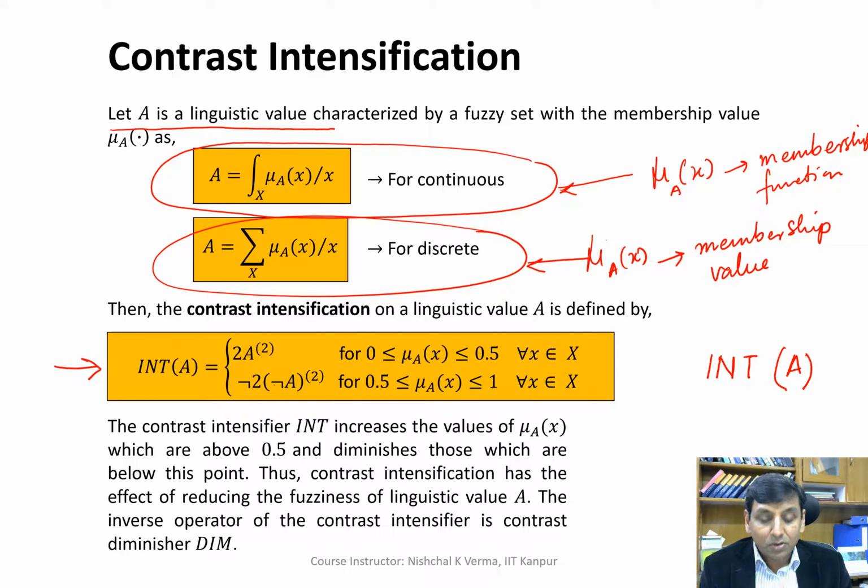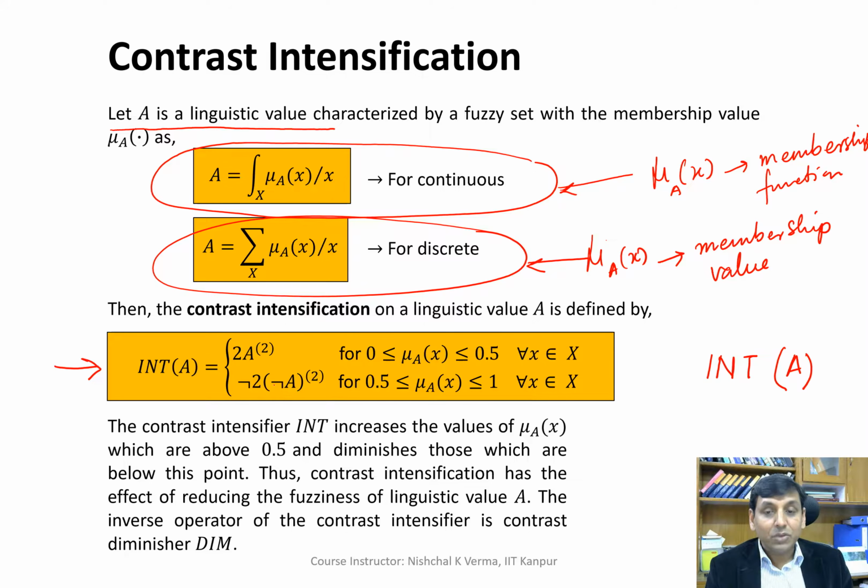So let us now understand this. This is true for mu A of x greater than or equal to 0 and less than or equal to 0.5, and of course for every x belonging to the universe of discourse, capital X.